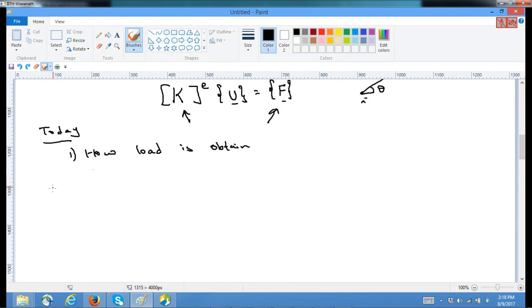The first one is under self weight. Self weight is because of gravity. Let's say you have an inclined member, and you have some weight acting on it, because the member has a self weight which will be uniformly acting on it.